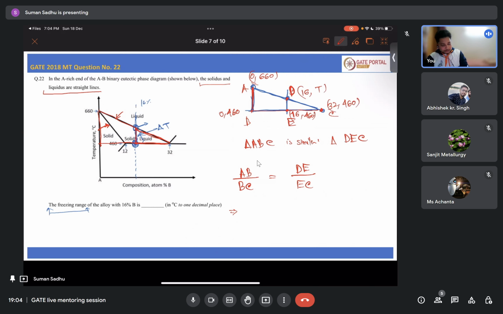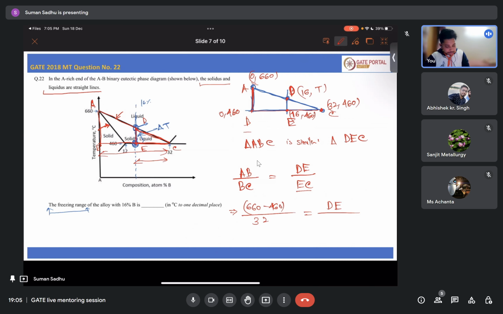Now what is the length of AB? AB is 660 minus 460, right? And BC is this length, that is 32. So 200 by 32 is equal to DE by EC. DE you have to calculate, and EC is the length from this to this.